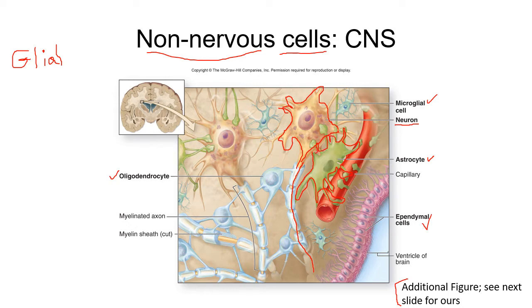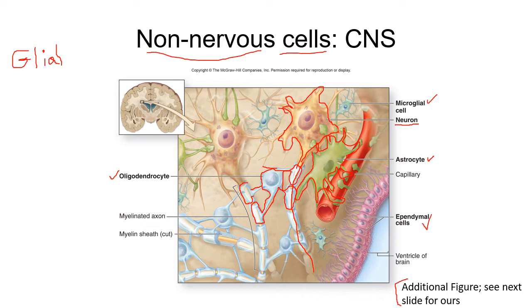to the neuron. We have these oligodendrocytes, which are going to actually be responsible for creating the myelin sheaths. So that's oligodendrocyte here. We have these ependymal cells, which are basically a type of epithelial cell.